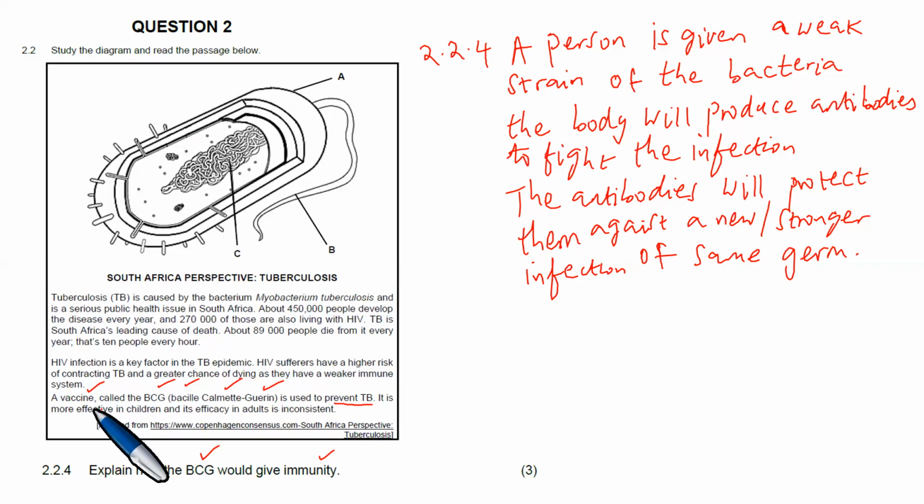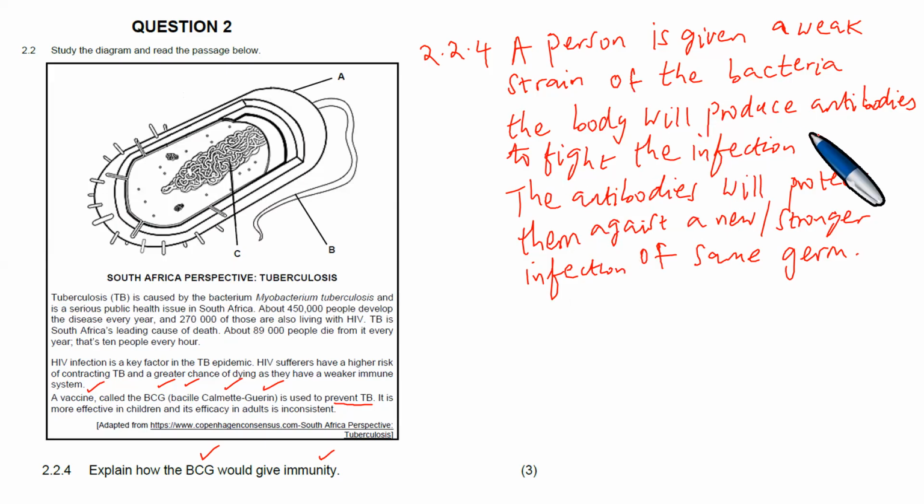So this BCG, for it to be used to prevent TB, must have the bacterium in it. If the kids are given the BCG, which is the Bacillus Calmette-Guérin, it means the children are given a weak strain of the bacteria. So they're given this weak strain of TB.